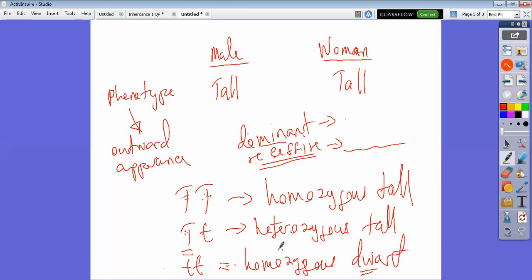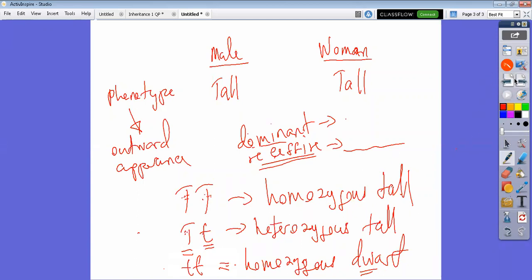But you can't see that in that person, because this is always suppressed. Is that making sense? Then small t, small t means homozygous dwarf. Are we together? Clear?